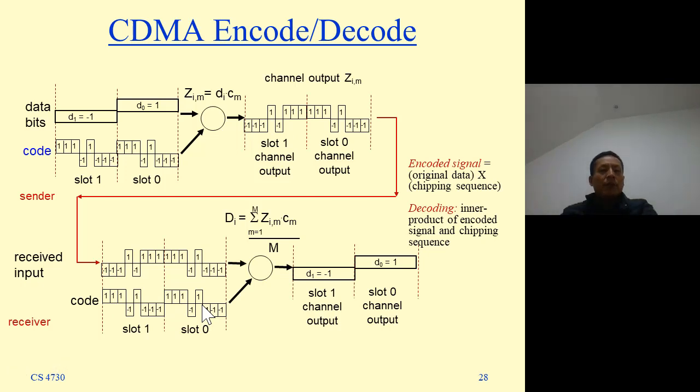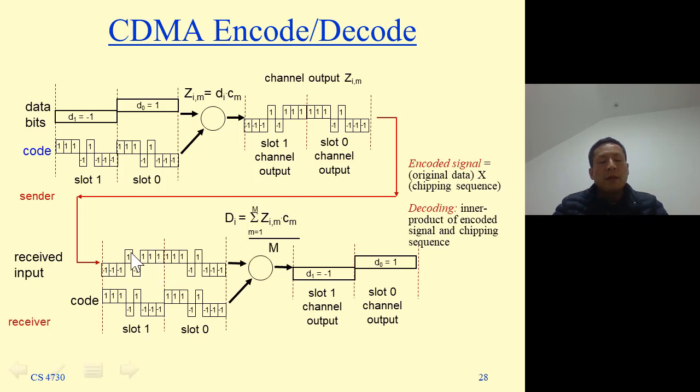Next, to extract the information, for each of the slots you multiply bit by bit again and add them together. You add these 8 products together, and the sum of these 8 products is divided by m, which is the spreading factor, in this case 8.